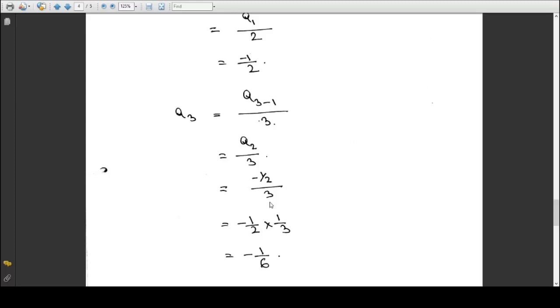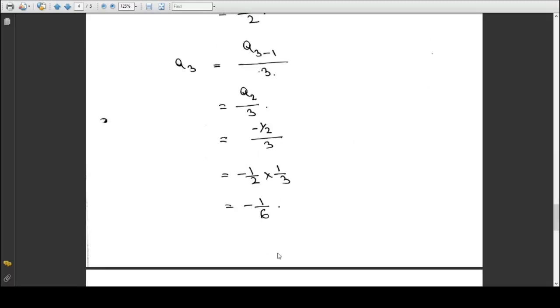Below 3 there is 1 as denominator. 3 by 1, if you change to multiply, becomes 1 by 3, meaning 3 will go to the denominator and 1 will go to the numerator. Okay. Now 1 multiplied by 1 is 1, 2 multiplied by 3 is 6, which gives us a3 to be minus 1 by 6.